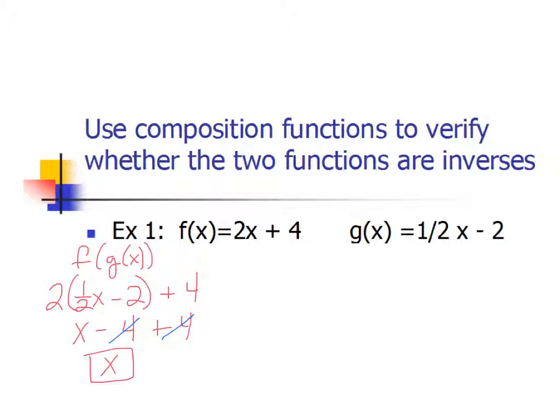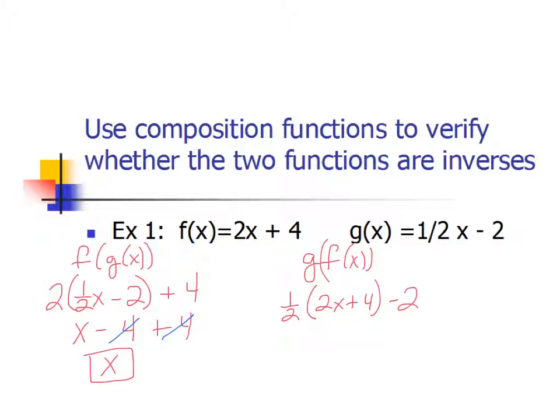Then I come over here and I do g of f of x. So take the f function and plug it in for x in the g function. So I'm going to have 1/2, plug in f of x, and then do the algebra.